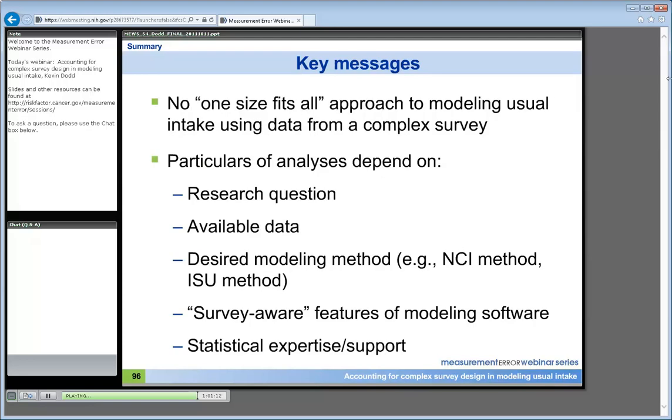So finally, I want to stress that there is no one-size-fits-all approach to modeling usual intake from complex survey data. You really have to tailor your approach to your particular research question, the particular data that you have available, and the methods that you want to use to do the analysis. You have to know just how survey-aware your software is. If it can't handle the standard error estimation properly for a general complex survey, you might have to trick it into giving you some answers that are suitable for use in one of the resampling methods.